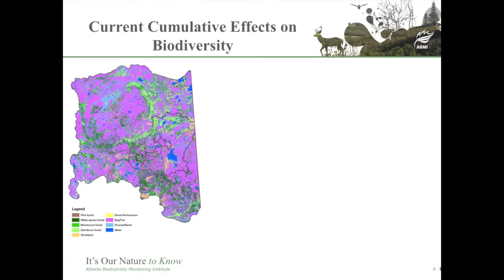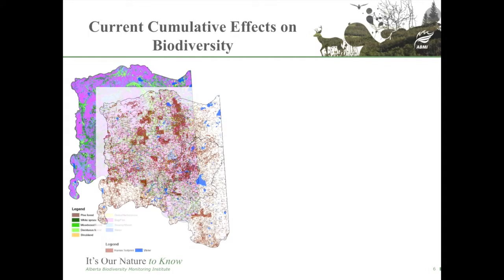So, to assess cumulative effects, we start with the map of the vegetation. We overlay the map of the human footprint. And I stress, if you look at this map of human footprint, you would think that the seismic lines and well sites in a lease area meant there was nothing else there. That's an exaggeration. To put a cut line on a map this size, the line is actually 200 meters wide.